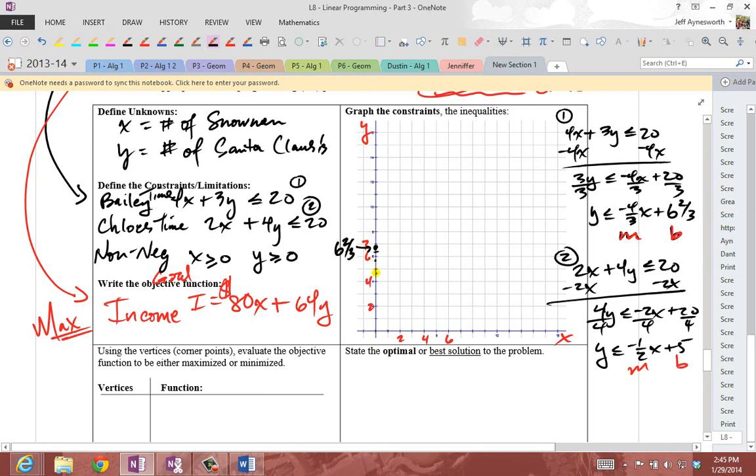So down 4. 1, 2, 3, 4. 1, 2, 3 to the right. So down here. Get your straight edge out and make a nice clean line. All right, so there we go, right about there.